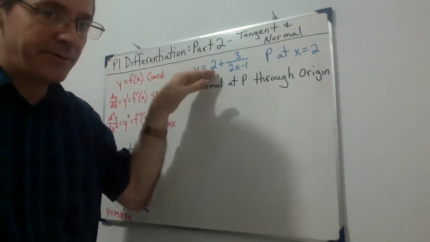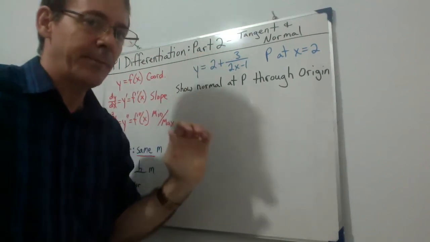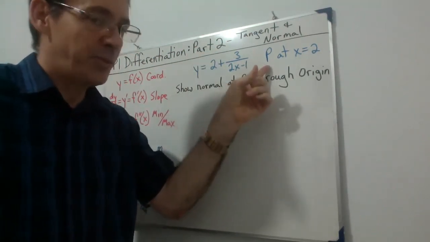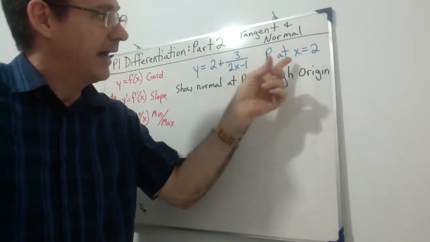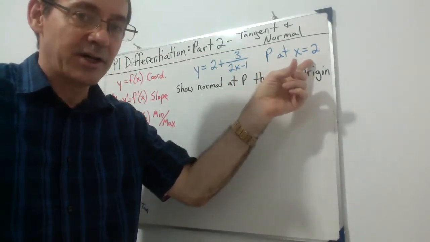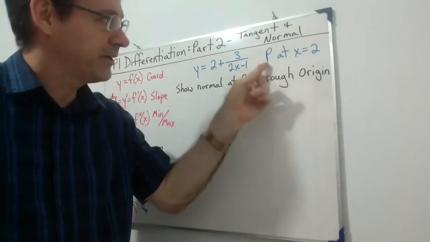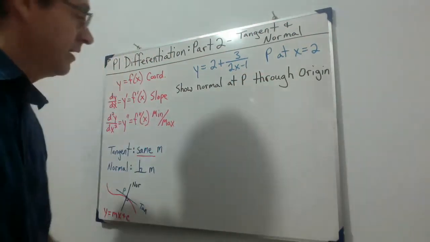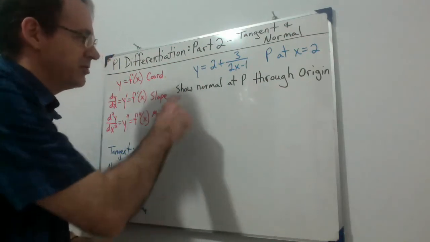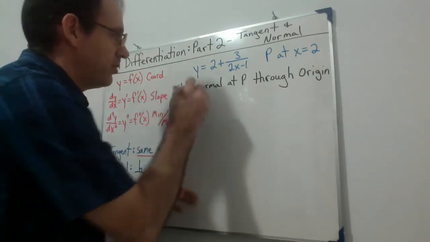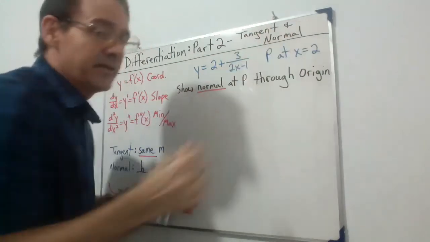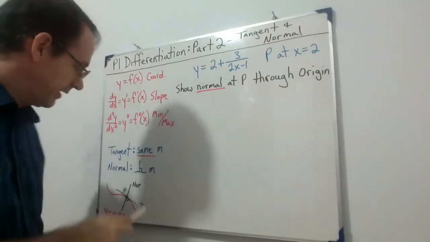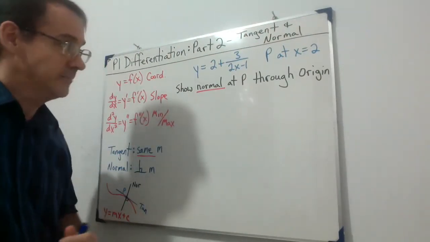After you do the derivative, it gives you further information saying there is a point P at the x-coordinate of 2. So the x-coordinate of this point P is 2. It doesn't give the y-coordinate. Then it asks the question, show that the normal, so again, that is your clue that we're dealing with a slope issue here.